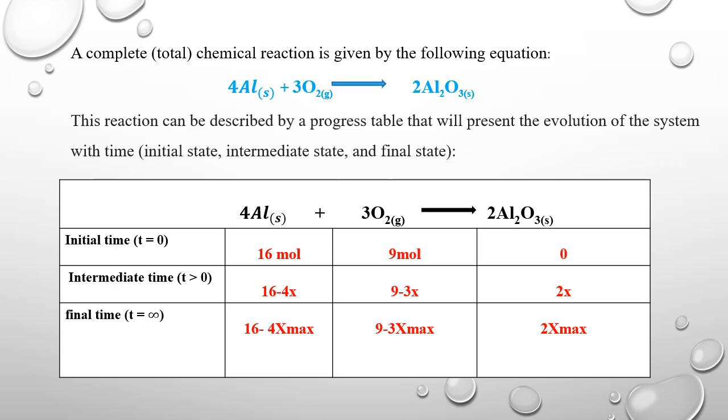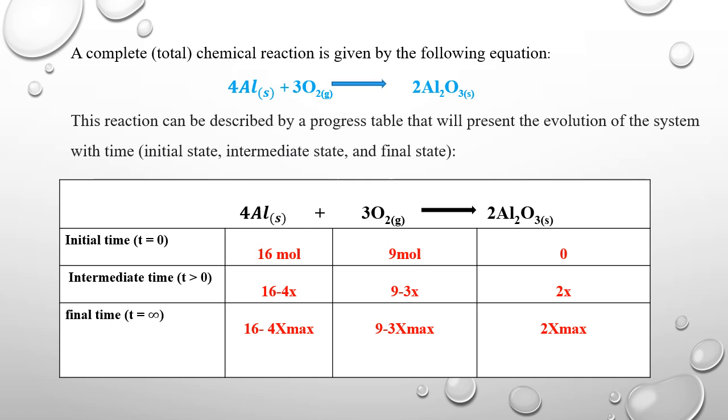Now the intermediate state at time greater than 0, this means when the reaction begins: 16 minus 4x at any time t, 9 minus 3x at any time t, and 2x at any time t.